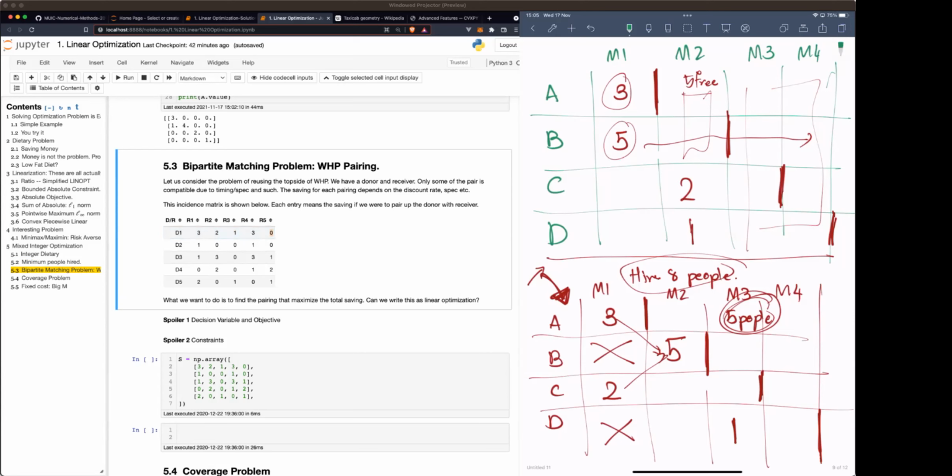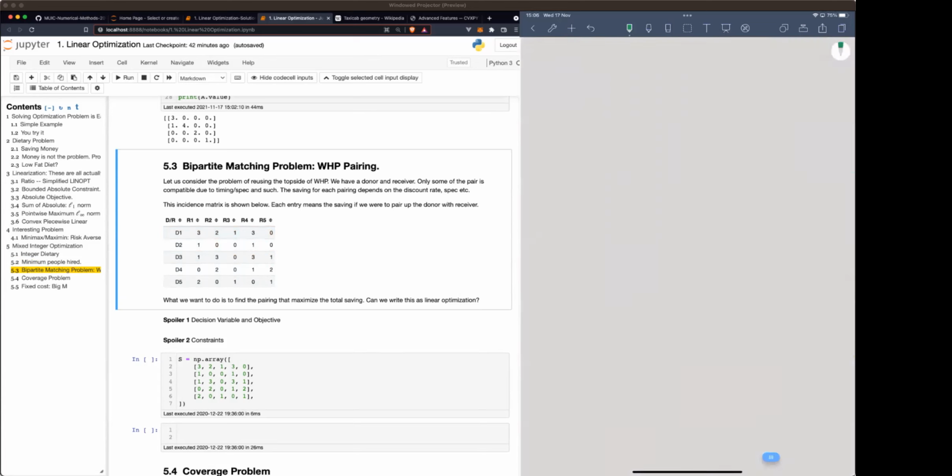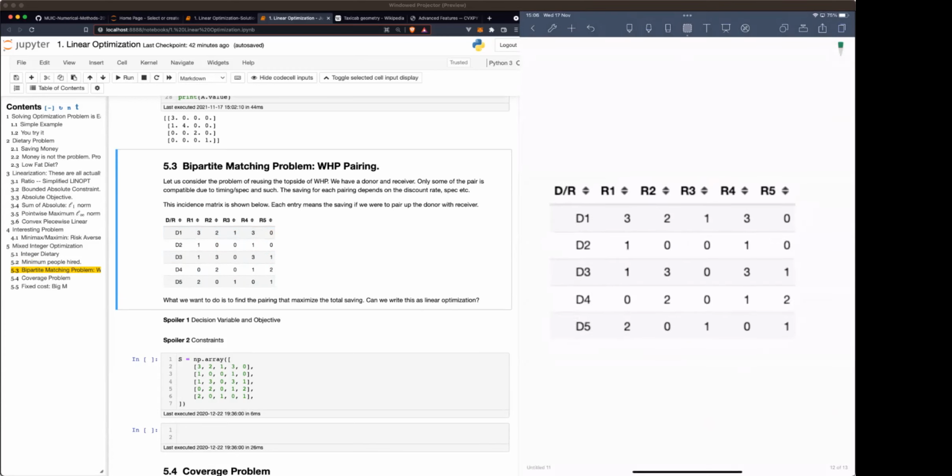Okay. So that means this problem is like picking a number for each row, right? So for example, let me just copy this, and then we have technology that I can paste it here. It's so small. Okay, now it's bigger.